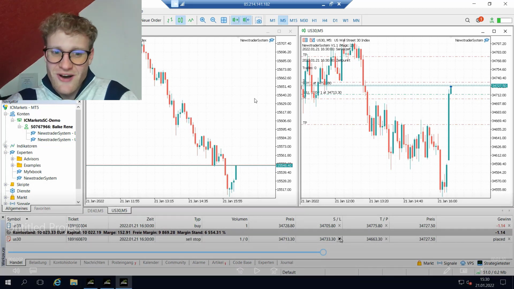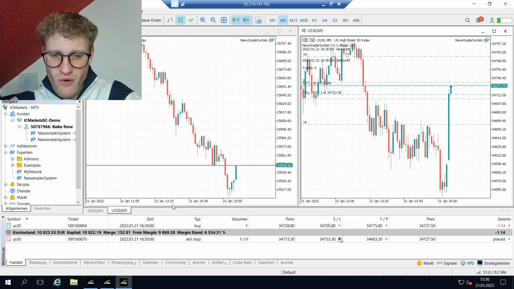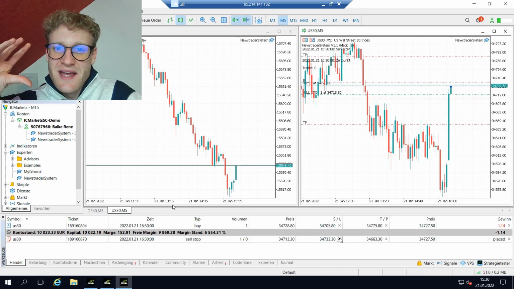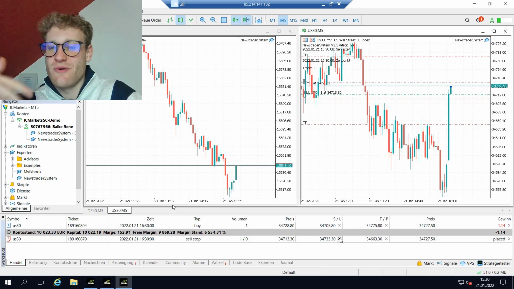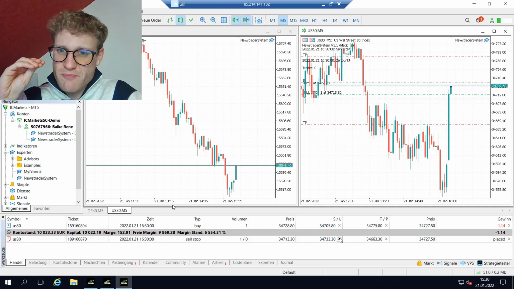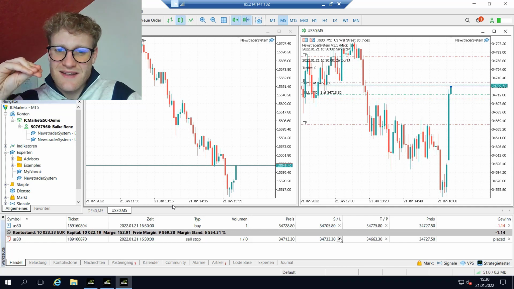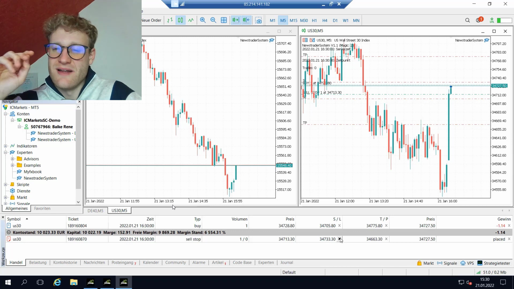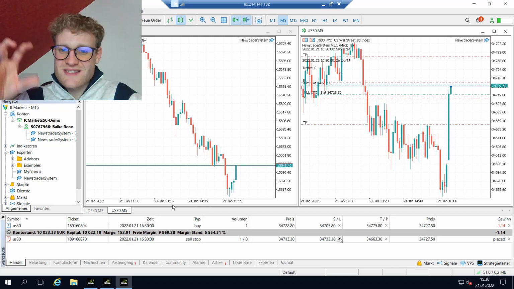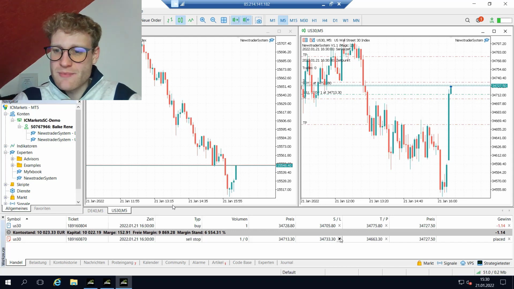As you already saw, the expert advisor placed two orders, a buy stop and a sell stop order, and the buy stop order is already executed. This is where you see how important it is to have expert advisors or automated trading setups, because if you try to trade this manually, if you try to put in orders at the exact time of the market opening, it will just not work, because the market moves so fast that you are not able to react.